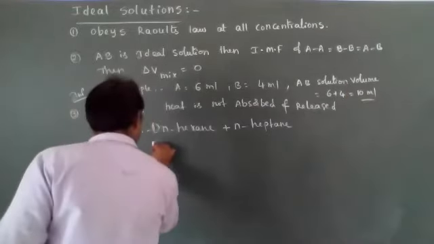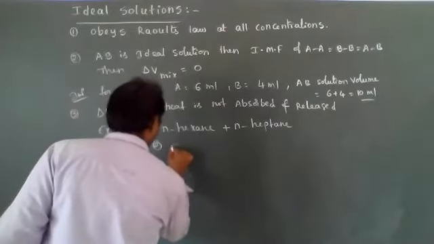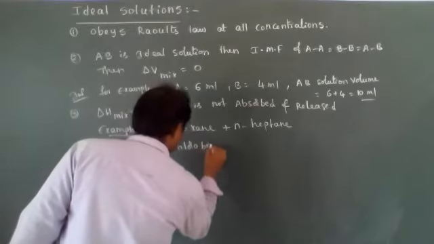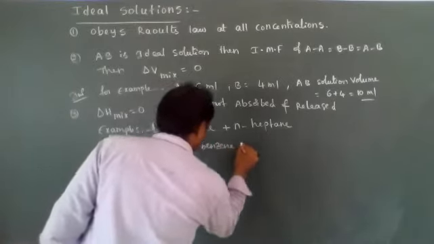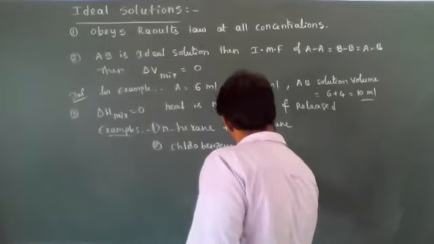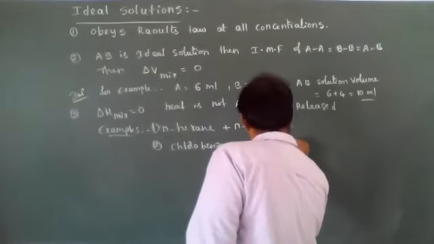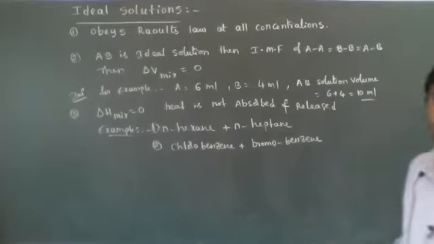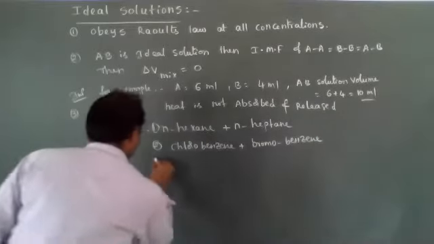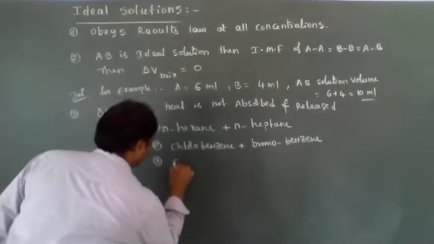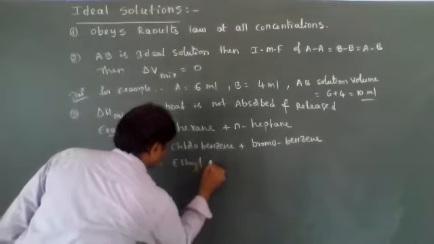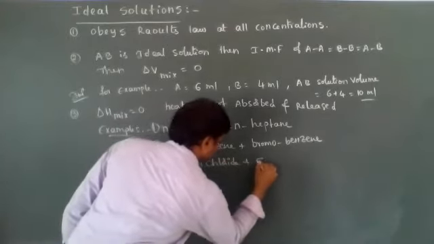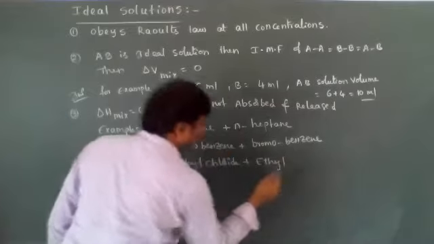Next, one more example, chlorobenzene plus bromobenzene mixture is also an example of an ideal solution. Another example, ethyl chloride plus ethyl bromide.